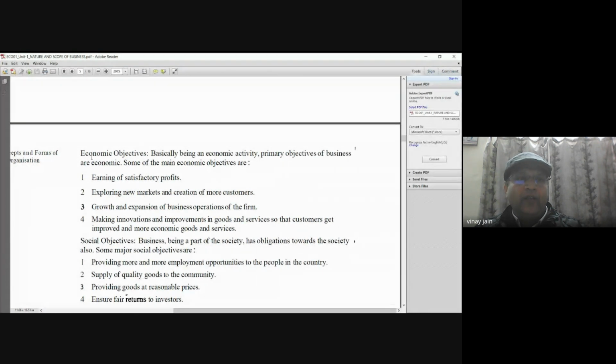Like if we are talking about the economic objective of your business, economic objective means basically being an economic activity, primary objectives of business are economic. Some of the main economic objectives are earning of satisfactory profits.